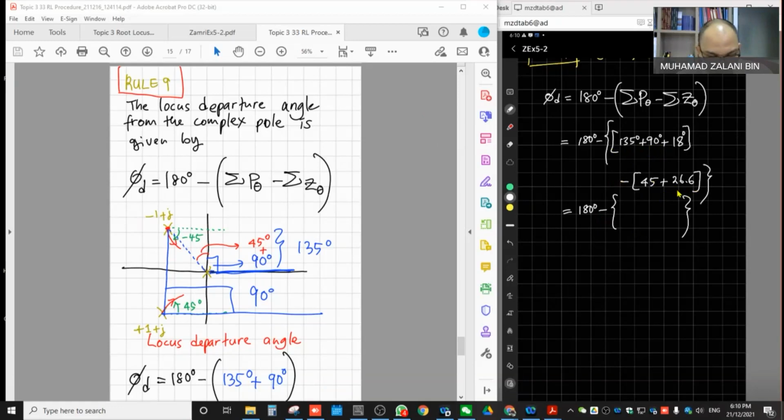So saya dapat dalam lebih kurang 171.4. Okay, 180 degree minus 171.4. We get 8.6 degree, is it?